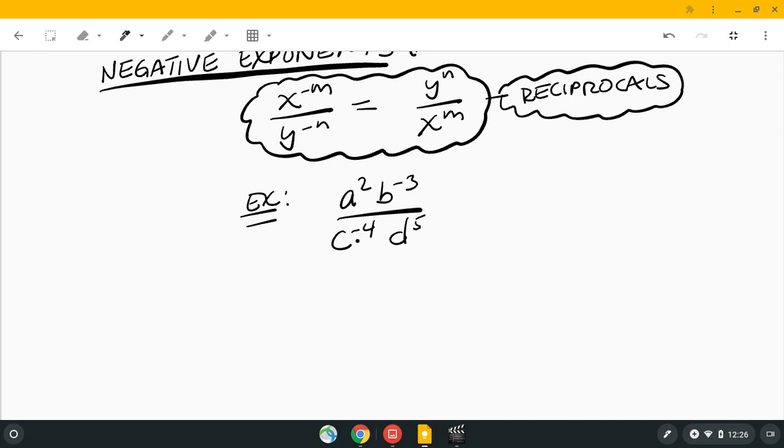This has a negative exponent, so this will have to move. This has a positive exponent, so this will stay. Okay, so a squared will stay. B to the negative 3 will move. C to the negative 4 will move. And d to the 5th will stay. Okay?